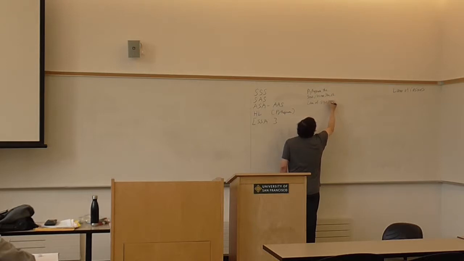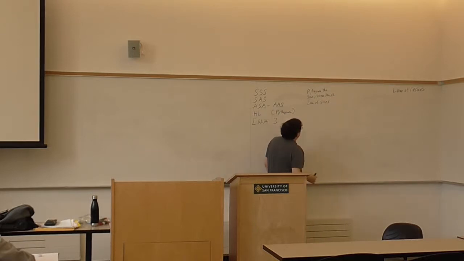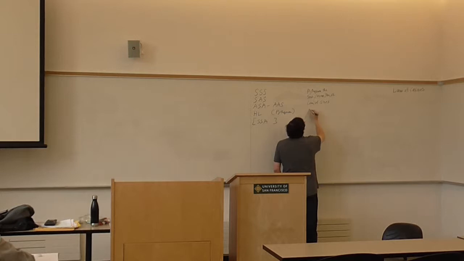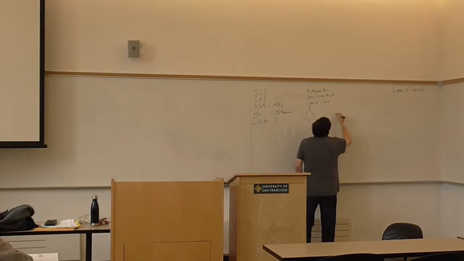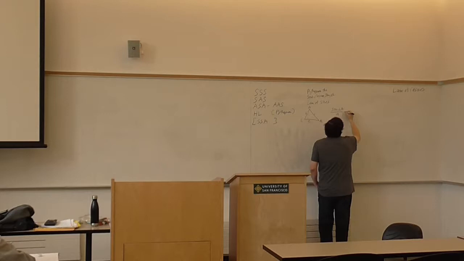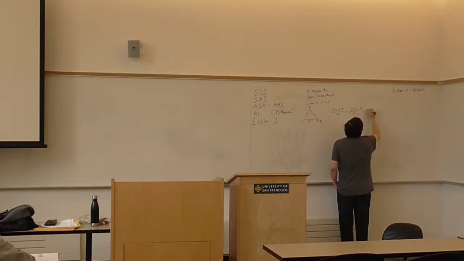We learned about it, which says in a triangle with angles A, B, and C, and opposite side lengths in lowercase a, b, and c, that you have these nice ratios: sine of angle A over the length of the opposite side a is the sine of the angle B over b equals sine angle C over c.